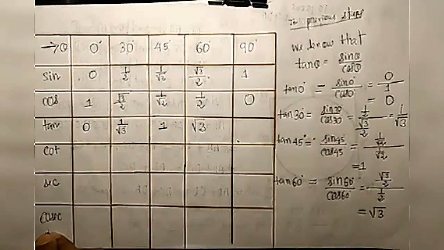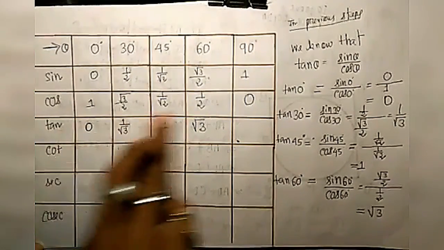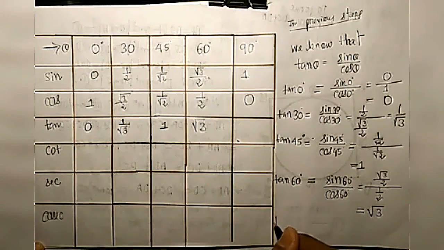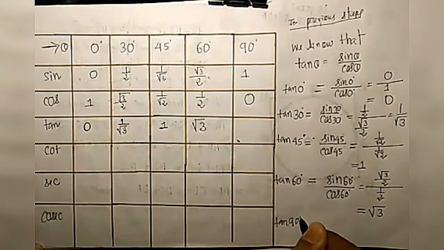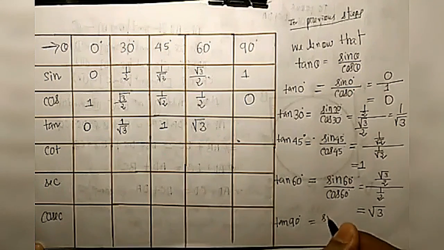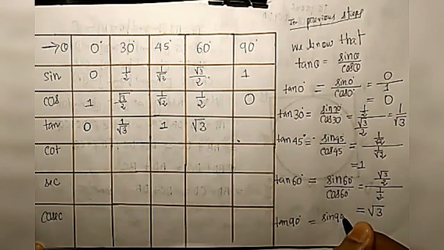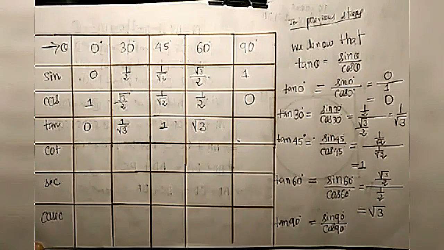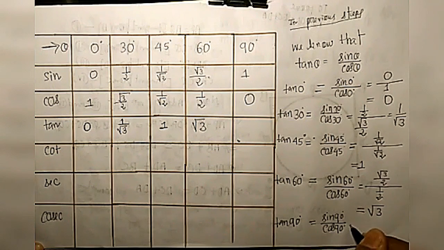Next, tan 90. Same process: tan 90 is equal to sine 90 by cos 90. What is the value of sine 90?